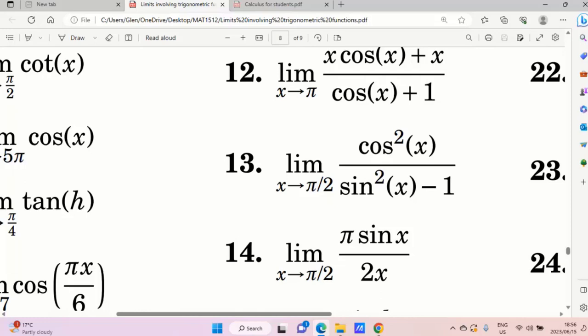Hang on, Lerato. Slowly, my brother. Sin squared x minus 1 equals cos squared x. No, that's wrong. Wait.